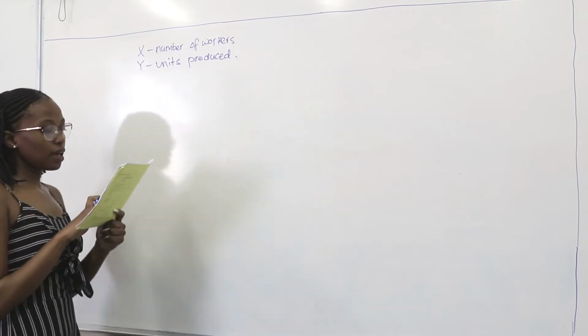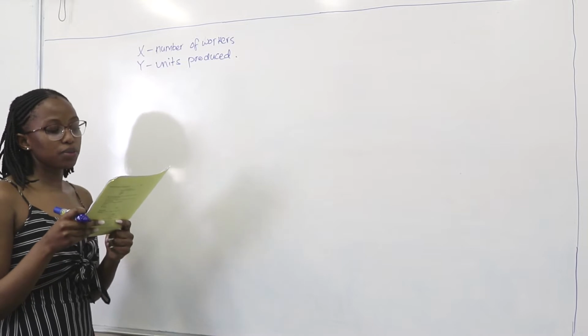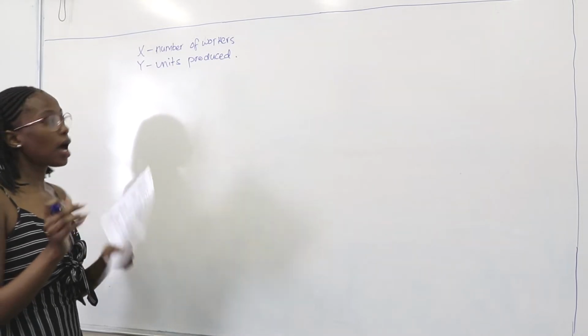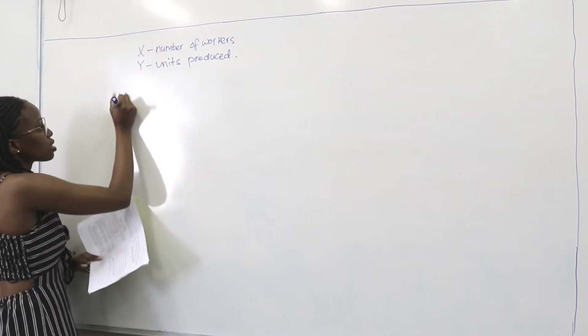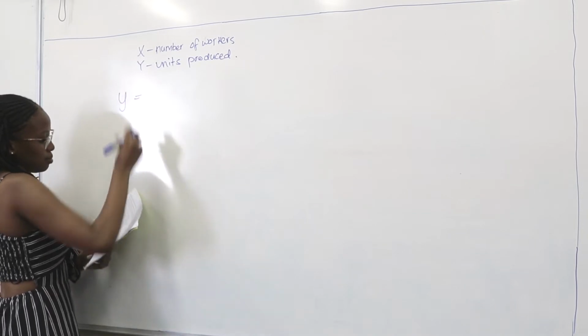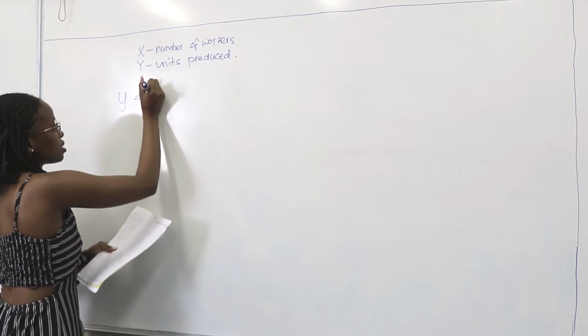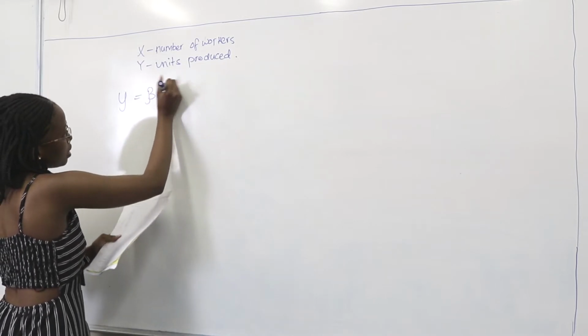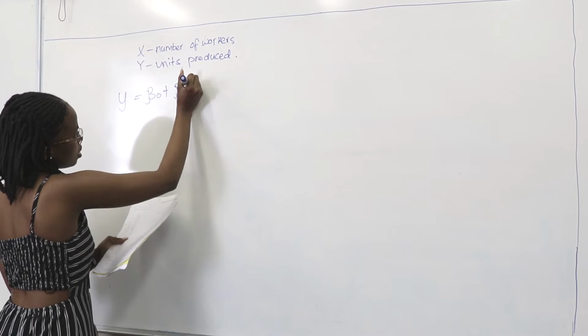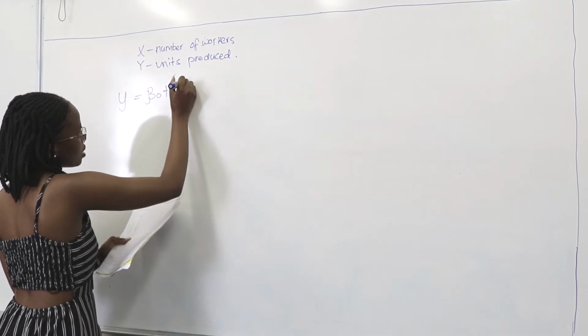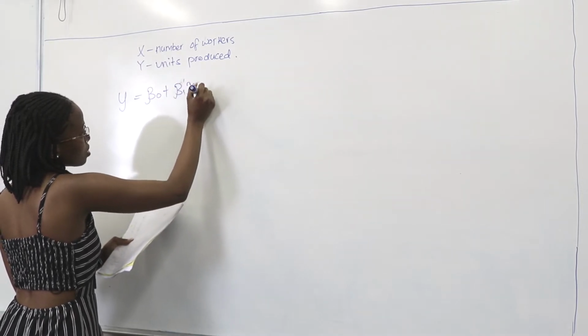So when they say fit a least squares regression model to the data, they are talking about this equation: y is equal to beta naught plus beta 1 x.